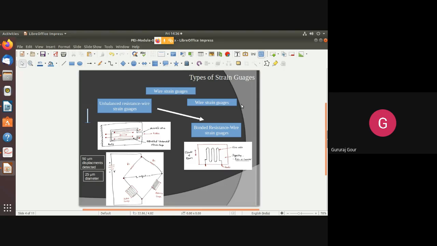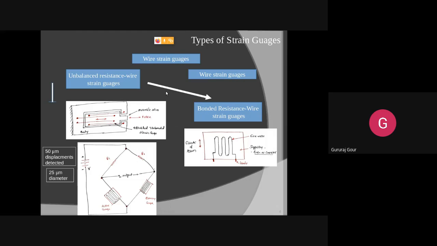Coming back to this one, there are various types of strain gauges. Under this we have unbalanced resistance wire strain gauges and wire strain gauges. Wire strain gauges is another big category that I will take at the end.